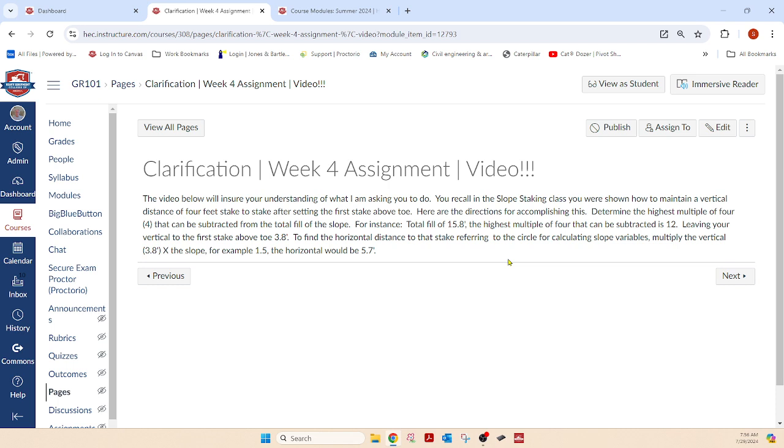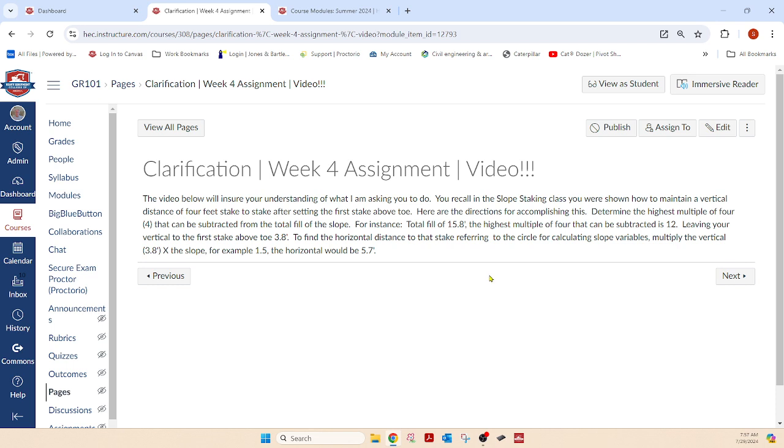For example, 1.5 to 1 is the ratio in this one. Well, your horizontal is going to be 5.7. That happens to be one of the questions in the assignment, but I decided to use something you would be familiar with.